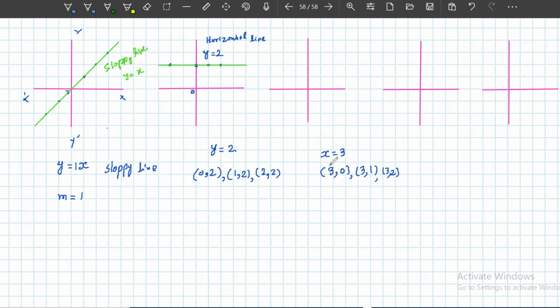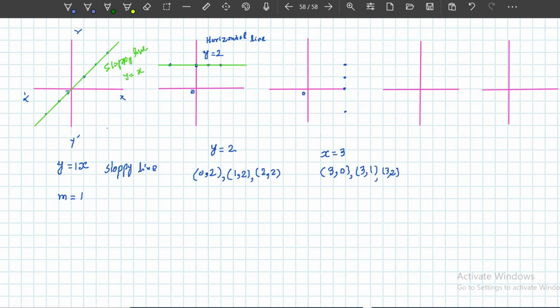If I say plot these points, where will you plot? Here we have 0; from 0, 3 units right, exactly this point is 3, comma 0. 3, comma 1 means 1 unit up, same as 3, comma 2, 2 units up, same as if you check 3, comma minus 2, you will find it here. So we have a vertical line and it shows x is equal to 3.